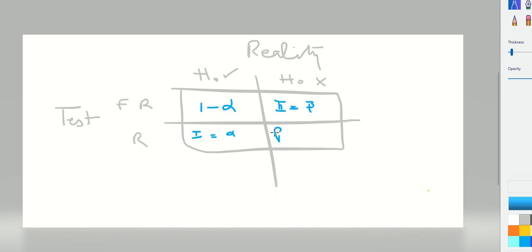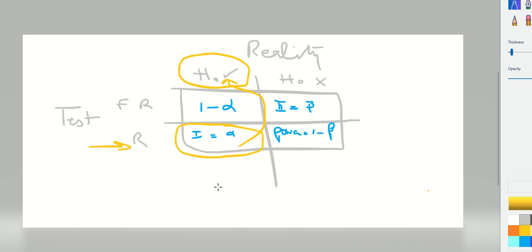And this is power, also called 1 minus beta. In our case we have rejected, and therefore if I say that by rejecting we made a wrong conclusion, it has to be a type 1 error, which means that in reality there were no differences between the groups. However, we declared that there is a difference and we made a mistake.